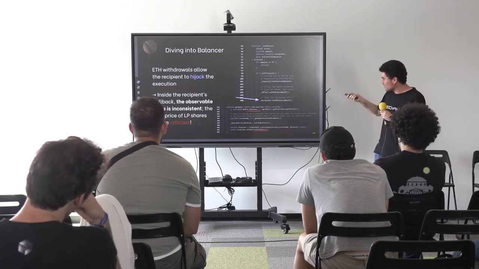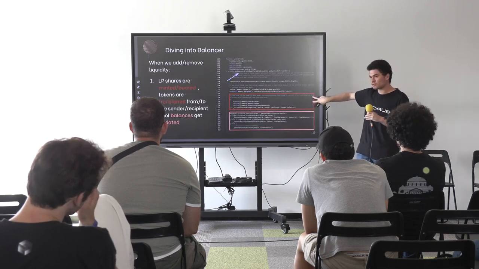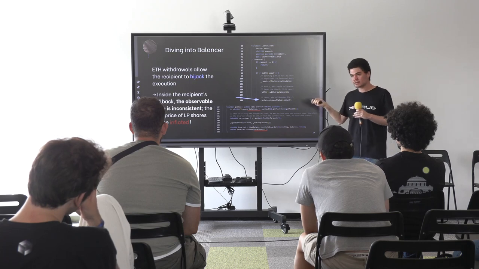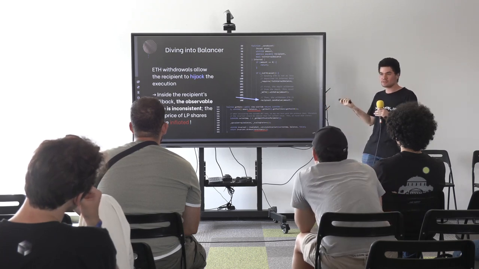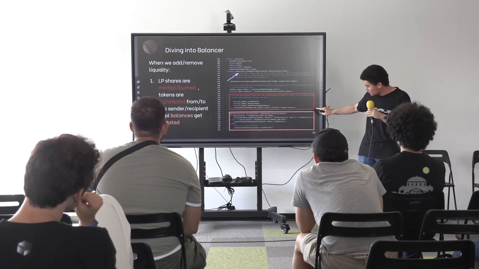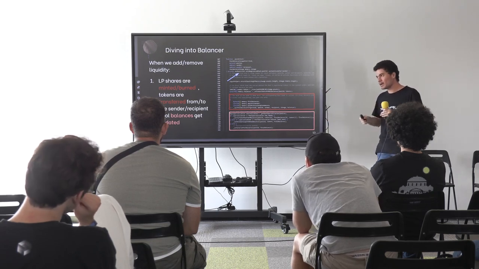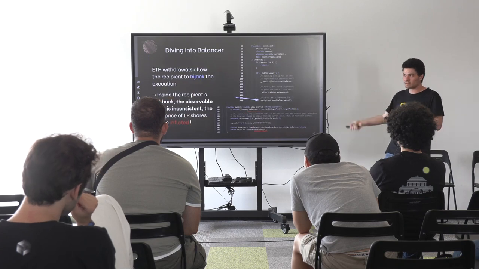If we take a look at WETH withdrawals, so we're still on the red box right here, WETH withdrawals perform a callback to the recipient, which makes sense, right? But at that point, we have to take note that the pink box has not executed yet. So the pool balances are not fully updated.